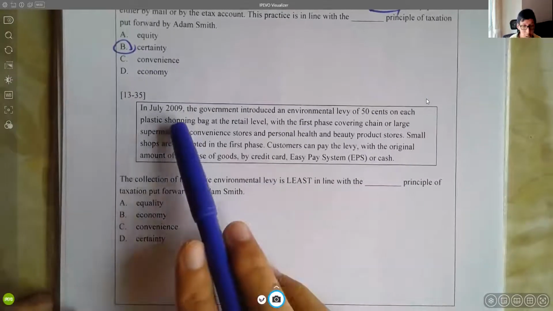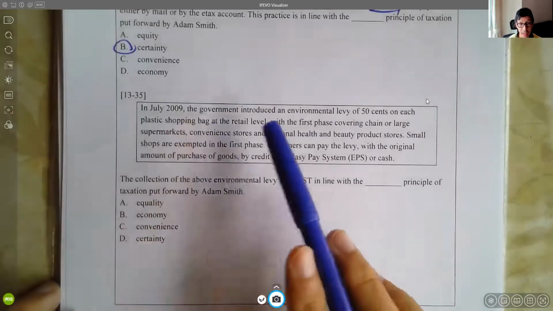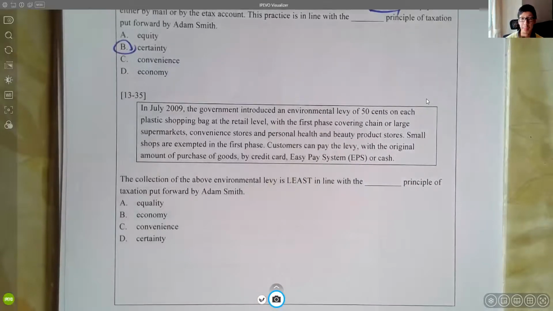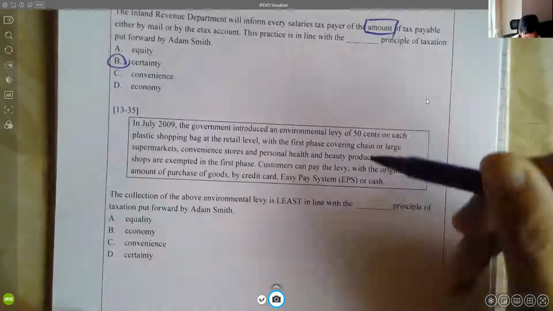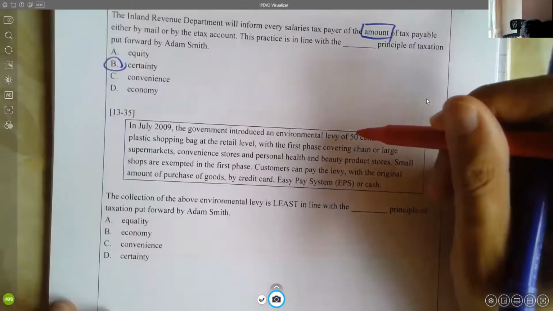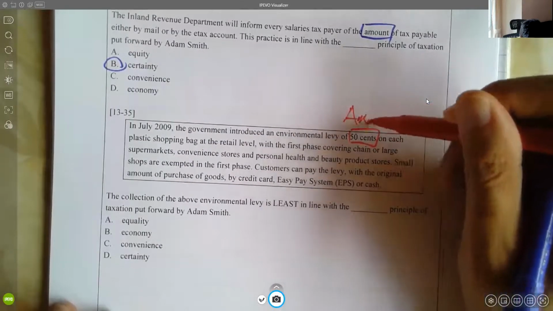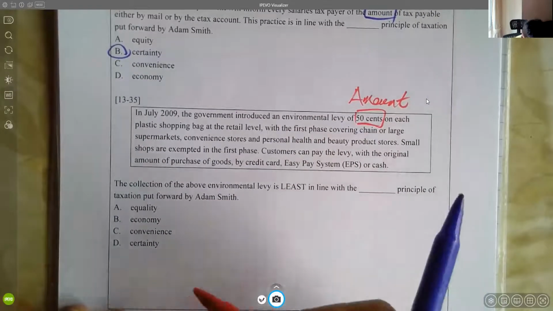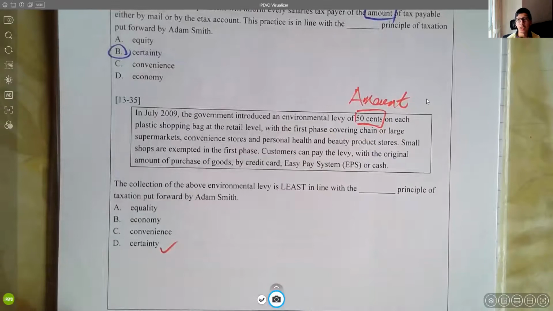In July 2009, introduce an environmental levy of 50 cents. First of all, here you know exactly the amount, which means certainty is ensured.